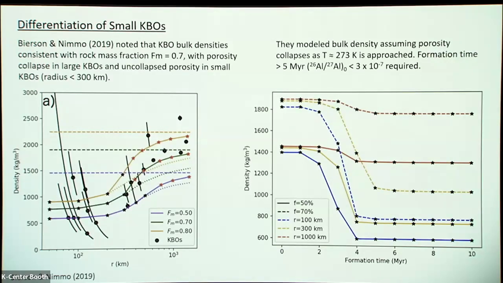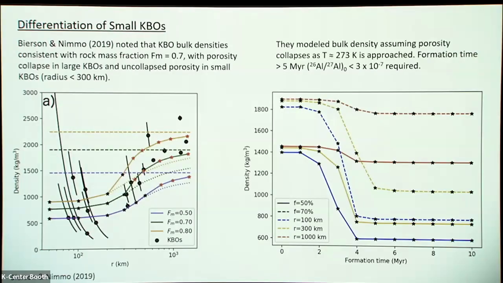And if they took 5 or longer millions of years to form, then they would have so little aluminum-26 they wouldn't heat, and they would retain porosity and be low density. So they inferred that it took longer than 4 or 5 million years for those objects to form.